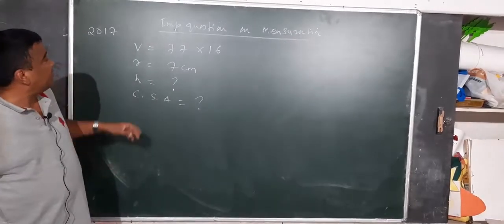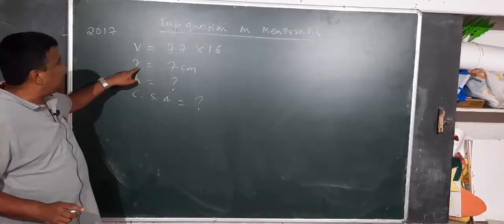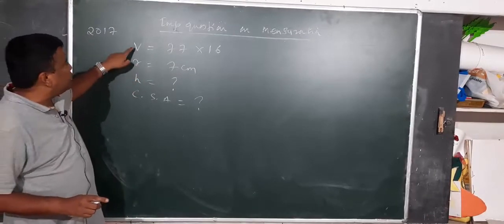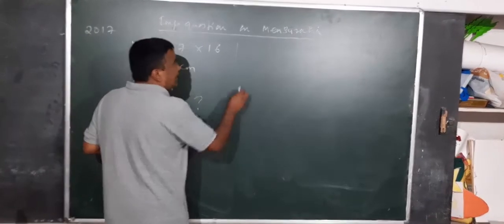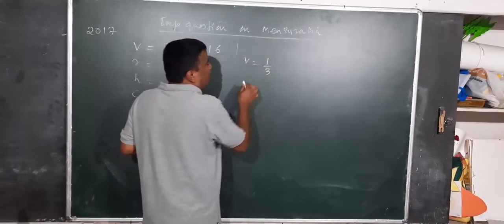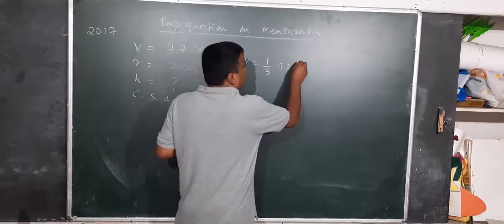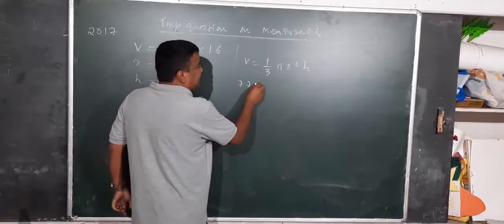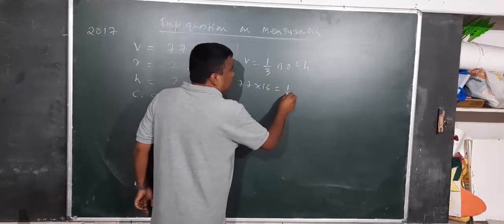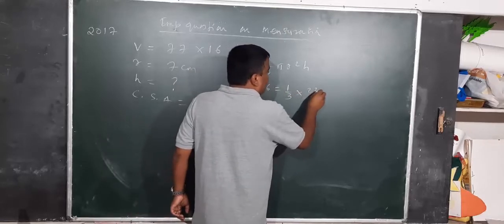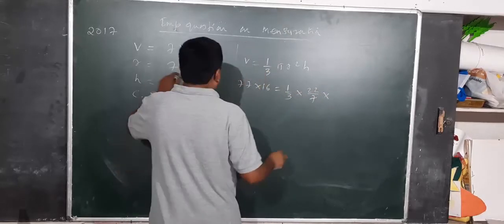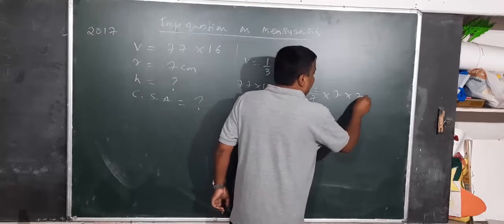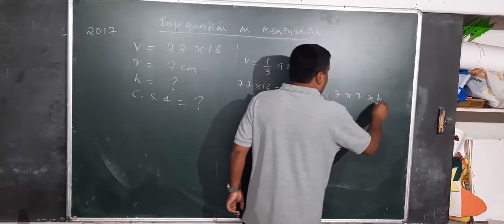First find out the height by using volume. We know that volume equals 1 by 3 pi r square h. Volume is 77 into 16 equals 1 by 3 into 22 by 7 into 7 into 7 into h.